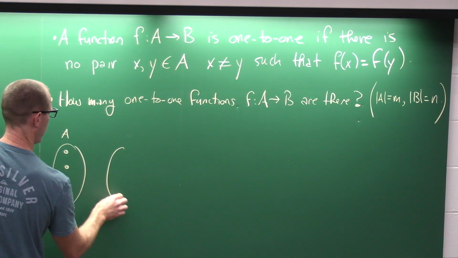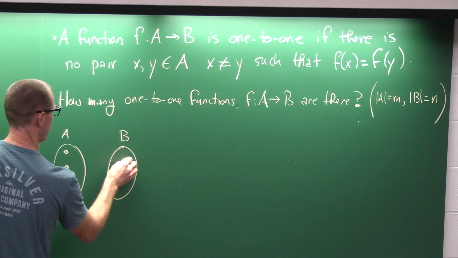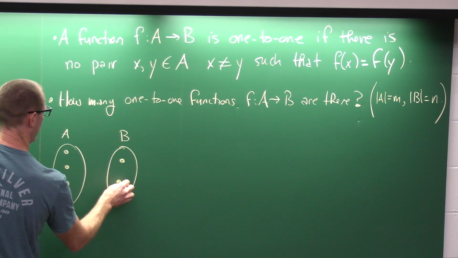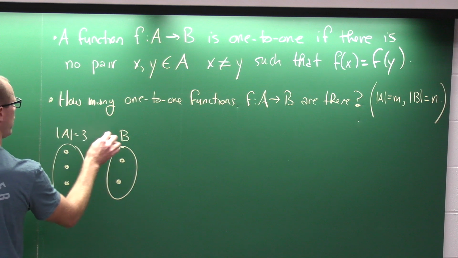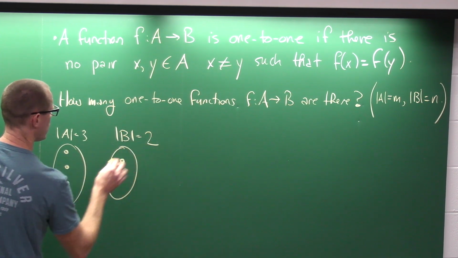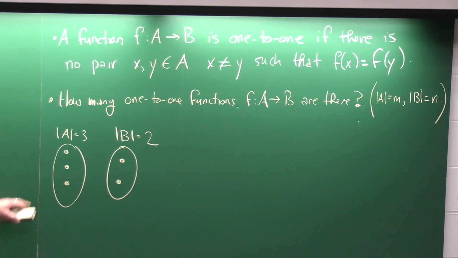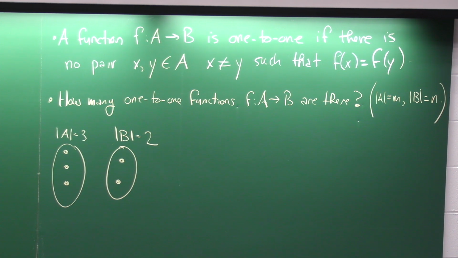Here's A, here's B. Size of A is 3, size of B is 2. How many 1 to 1 functions are there from A to B in this example? 3 factorial? No. Yep, 0.